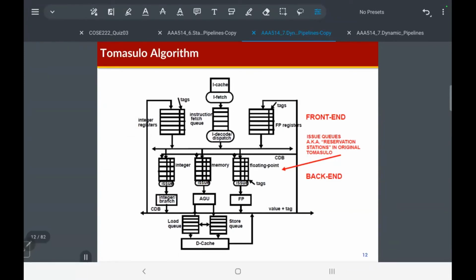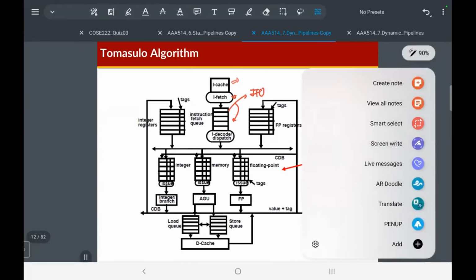You can find the instruction cache here, the instructions are fetched by the instruction fetch engine, and the fetched instructions are queued in the instruction fetch queue.